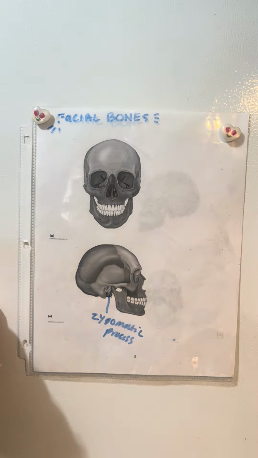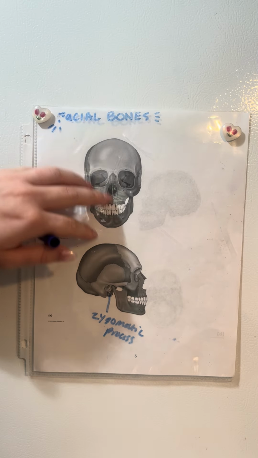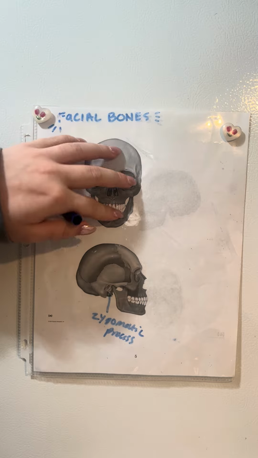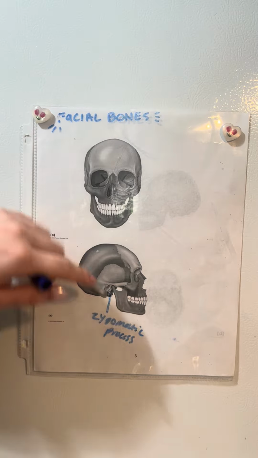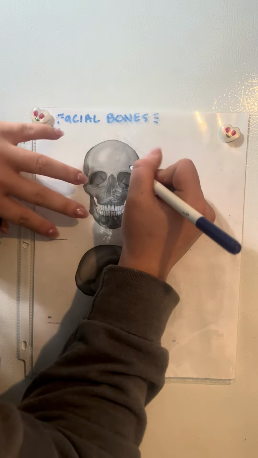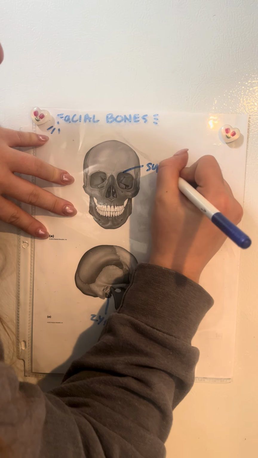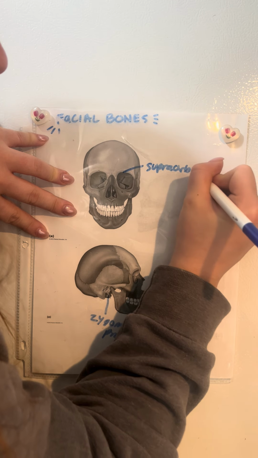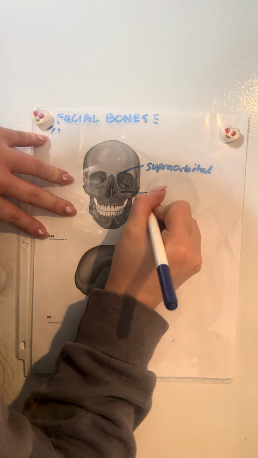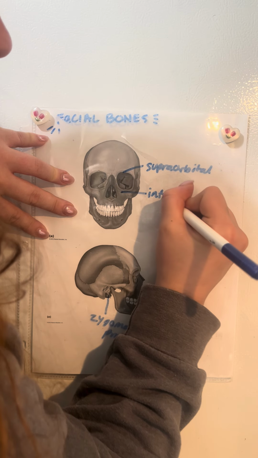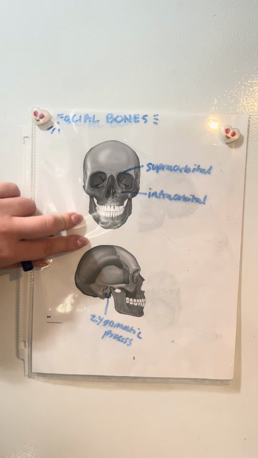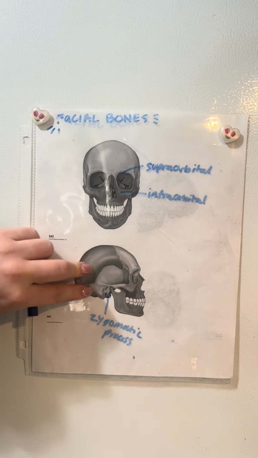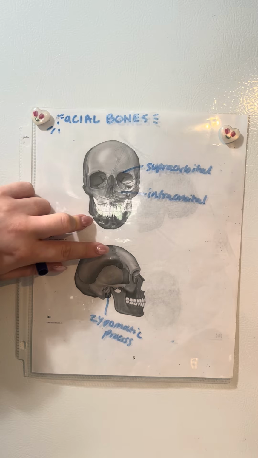And then there are a couple things I want to show you again. We talked about our foramens that were in the facial bones here. They also show and project on the side portion of the face. So we do have the supraorbital, and then we have the infraorbital. And then right here, we have the last foramen, and that one is the mental foramen.